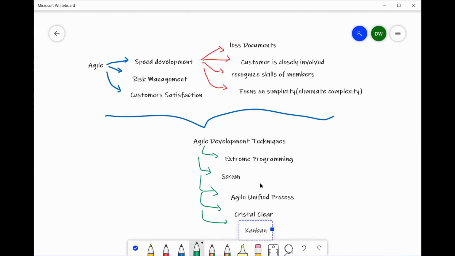Right? These are some of the names given for different techniques.